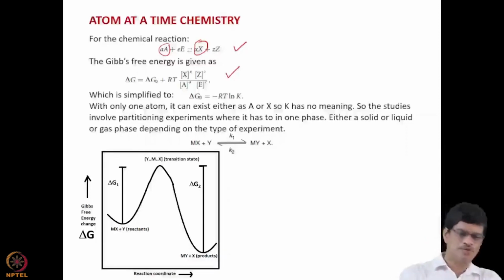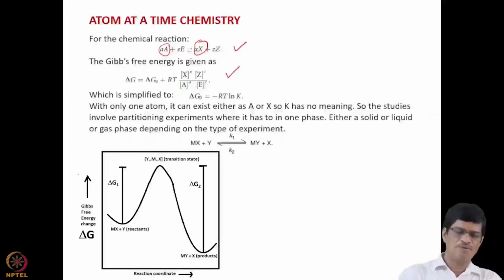This figure shows the reaction coordinate versus the delta G values, for the reaction MX plus Y, which is the reactant, the transition state is Y-M-X, and the final product is MY plus X.